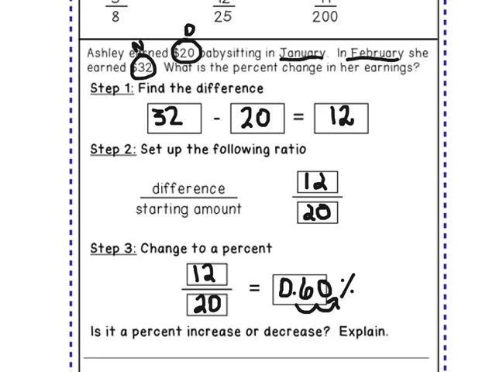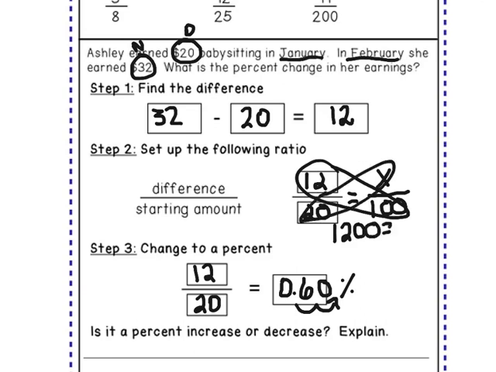The second way we do it looks very familiar because we will use the percent proportion, which is what we've used this last part of our unit. We would use our 12 over our 20 as our part over our whole, and we would put the 100 on the bottom of the other side because we're looking for the percent of change. Then we would multiply 12 times 100, which gives us 1200, and multiply 20 times x, which gives us 20x.